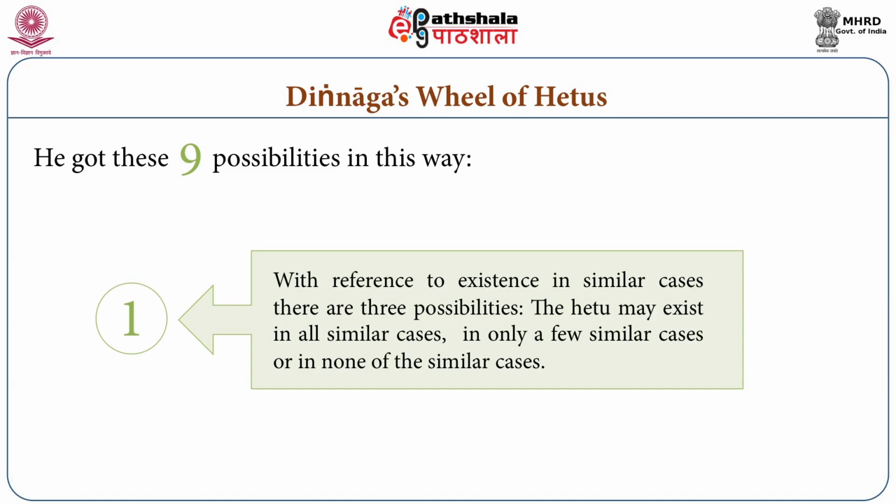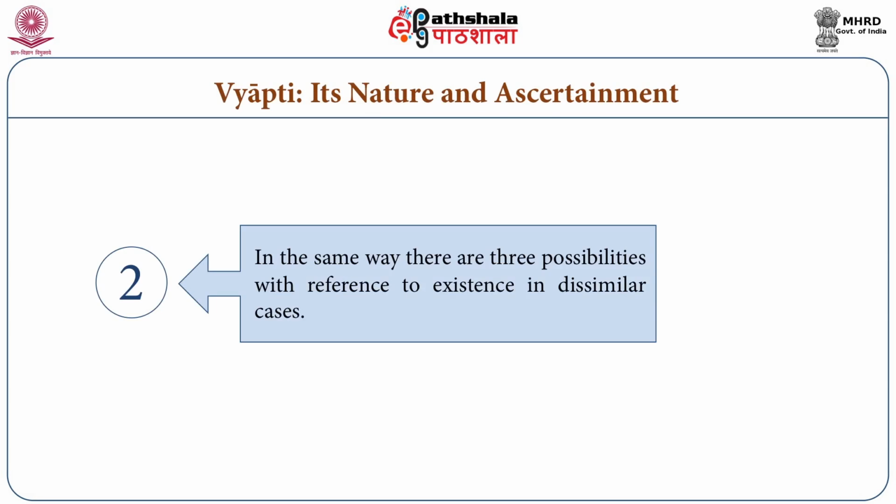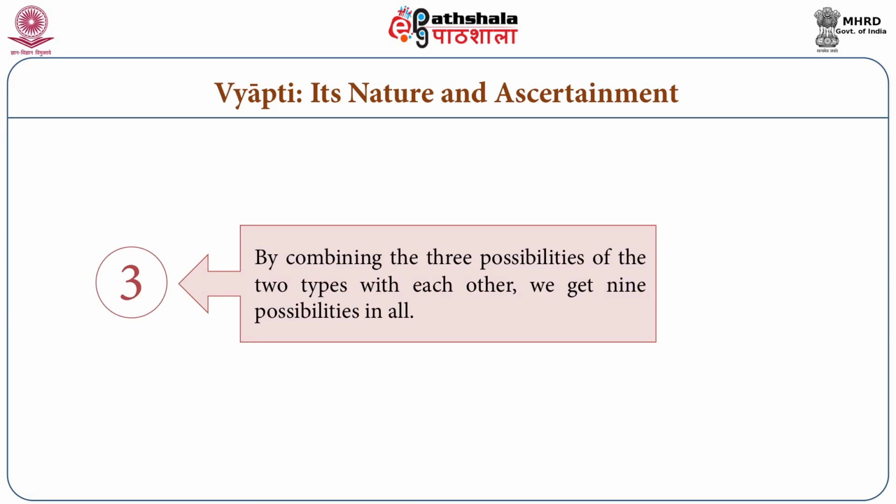The Hetu may exist in all similar cases, in only a few similar cases, or in none of the similar cases. In the same way, there are 3 possibilities with reference to existence in dissimilar cases. By combining the 3 possibilities of the 2 types with each other, we get 9 possibilities in all.